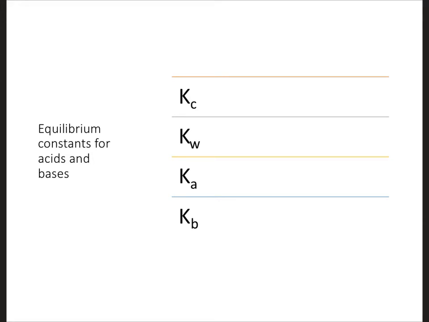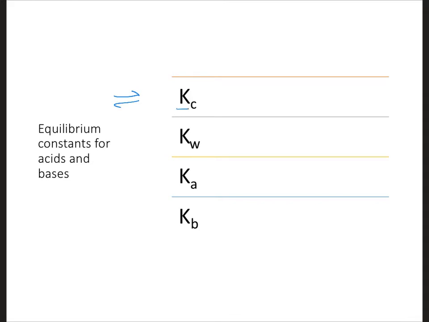So we've previously talked about how some acids and weak bases can be considered to be equilibrium reactions as opposed to reactions that go to completion. So we had referred to any reaction that had an equilibrium set up with this K, right?